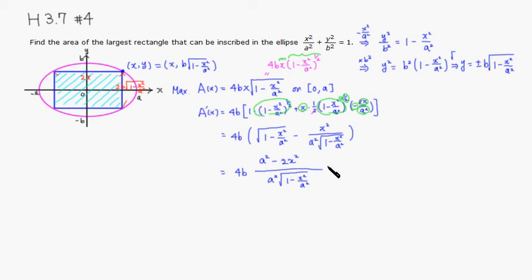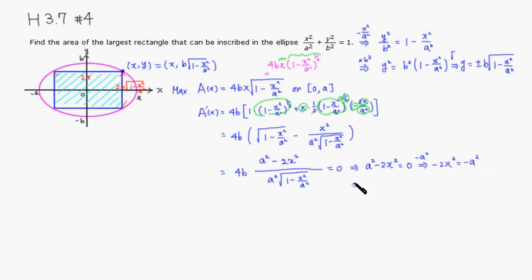We set this equal to 0, which means a squared minus 2x squared has to be equal to 0. Then subtract a squared, so you have negative 2x squared equals negative a squared.